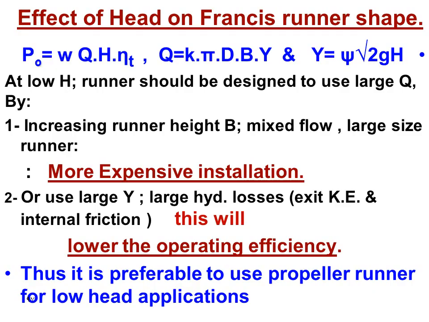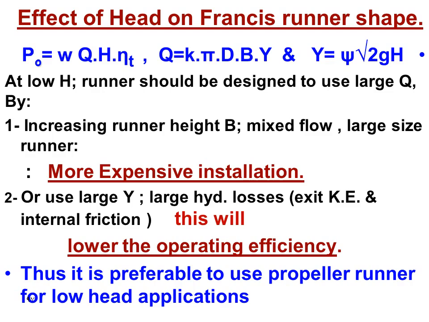Okay, let us go to the last slide here, effect of head on the Francis turbine runner. We have all these equations: P naught equals W multiplied by Q multiplied by H multiplied by the efficiency of the turbine, and Q equals K multiplied by D multiplied by B multiplied by K due to blade thickness, say less than 1, and Y equals epsilon root 2GH.